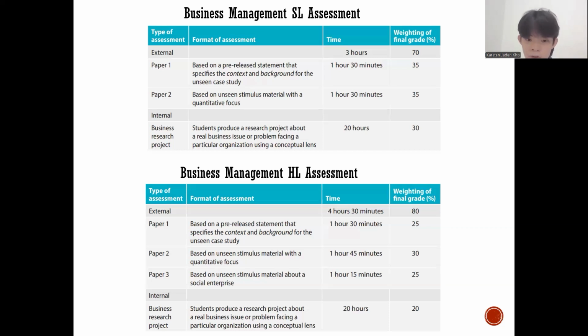For HL students, the internal assessment is worth only 20% of the final grade, which is lower than the SL internal assessment. So in summary, the HL assessments tend to have a greater focus on the advanced topics, and they come with additional papers. However, the format remains similar between SL and HL.